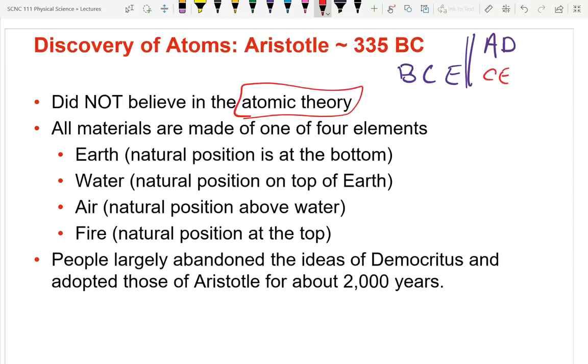Democritus was closer to right than Aristotle, but people used the logical fallacy of appealing to an authority. He is an authority, so he must be right. That's a logical fallacy.